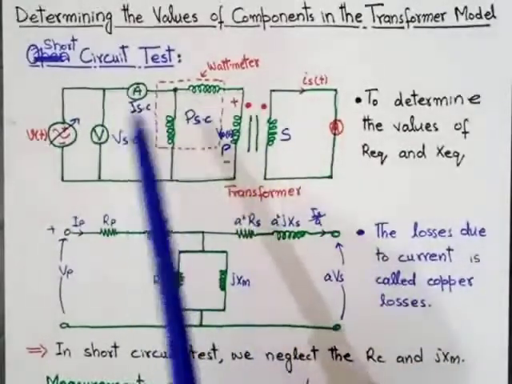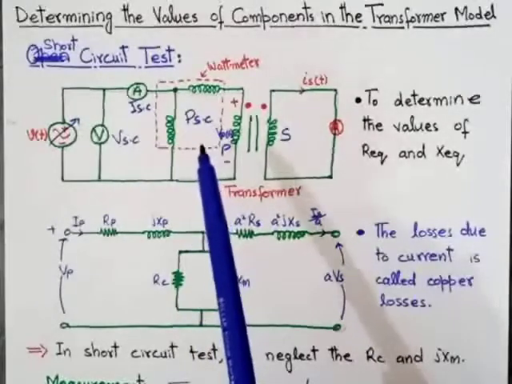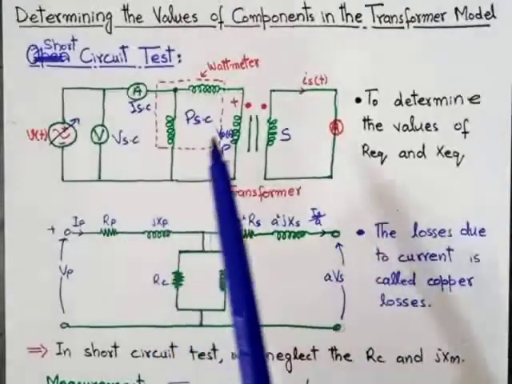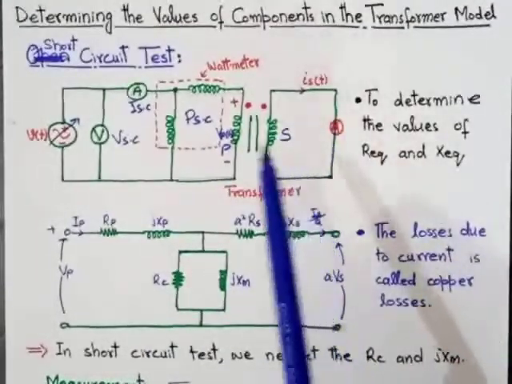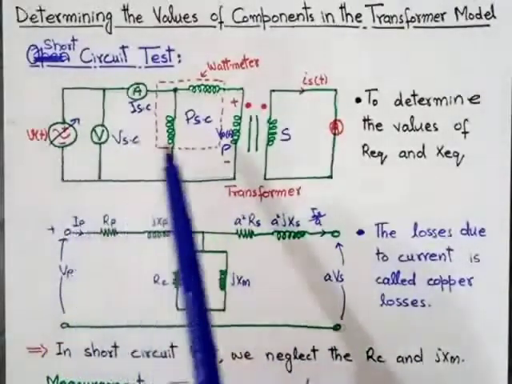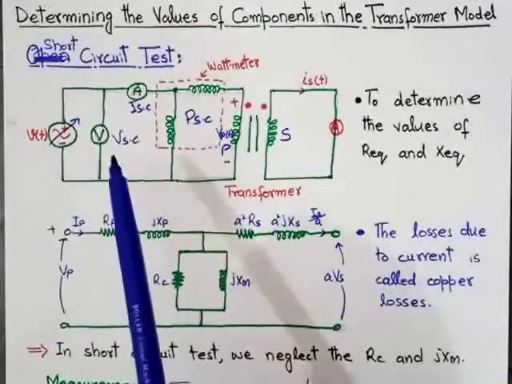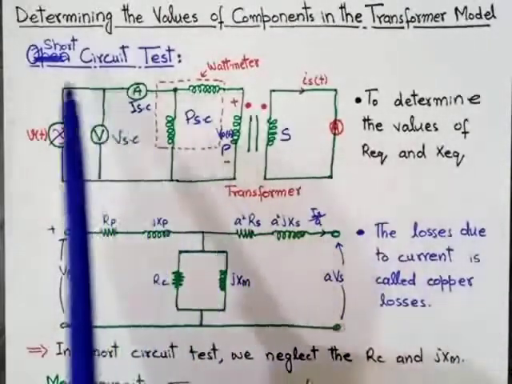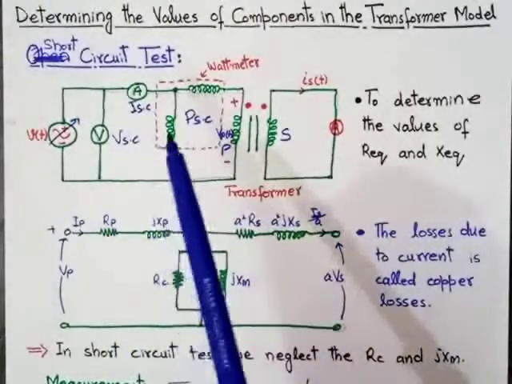We normally perform the short circuit test at the high voltage side: we short the low voltage side and apply the variable voltage source at the high voltage side. It means we perform the short circuit test at the high voltage side of the transformer.